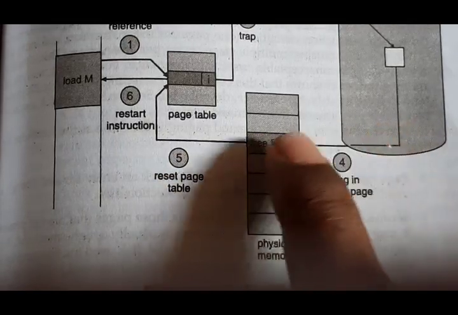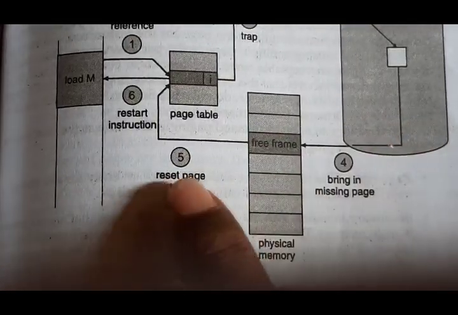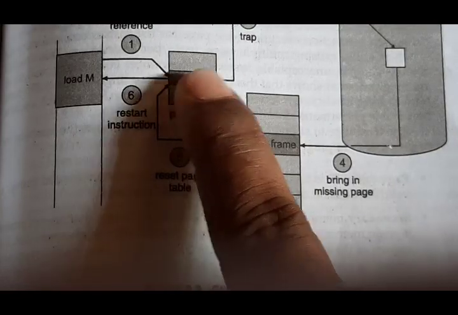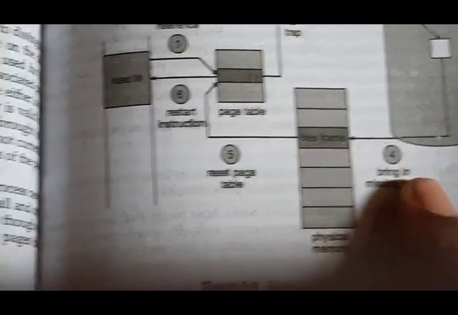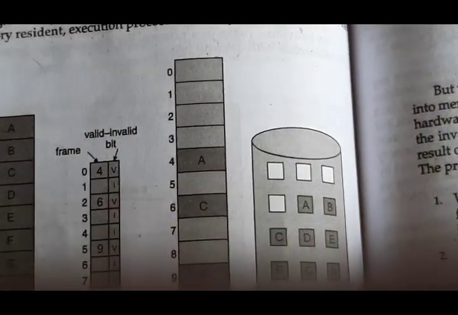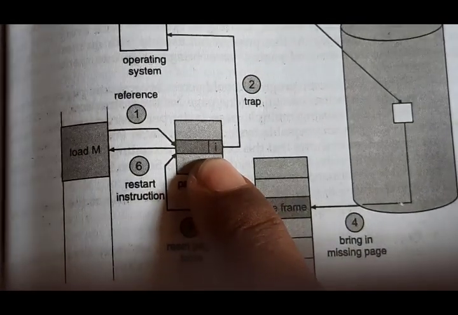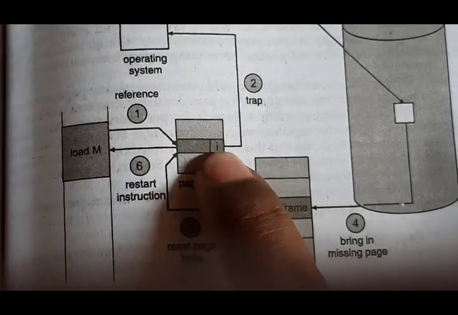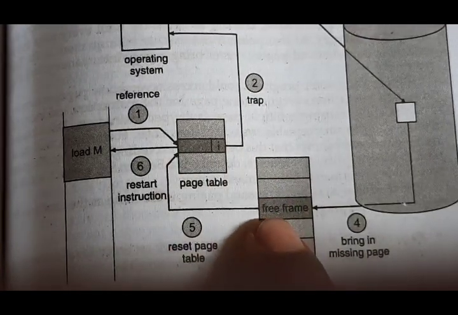If the particular page is located in RAM, then you need to update the page table. If the page is present, you have to make it valid. Previously the valid bit was invalid because that particular page was not present here.